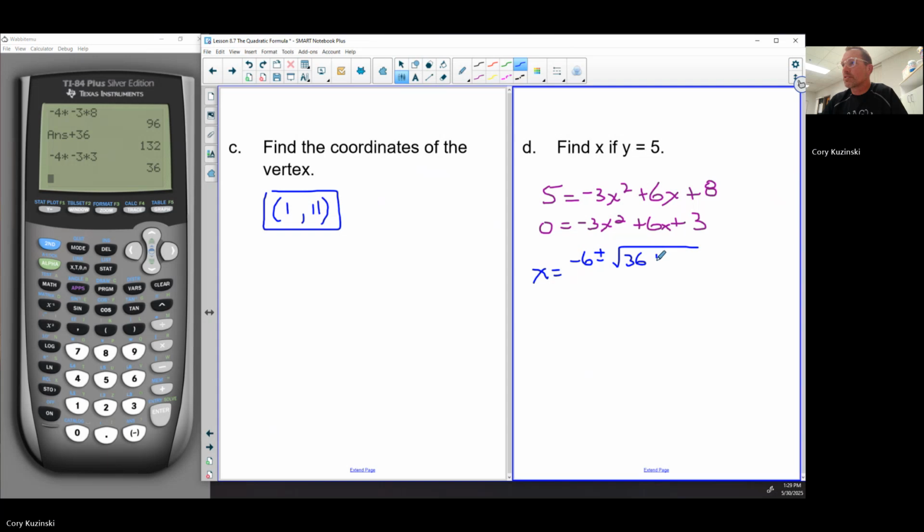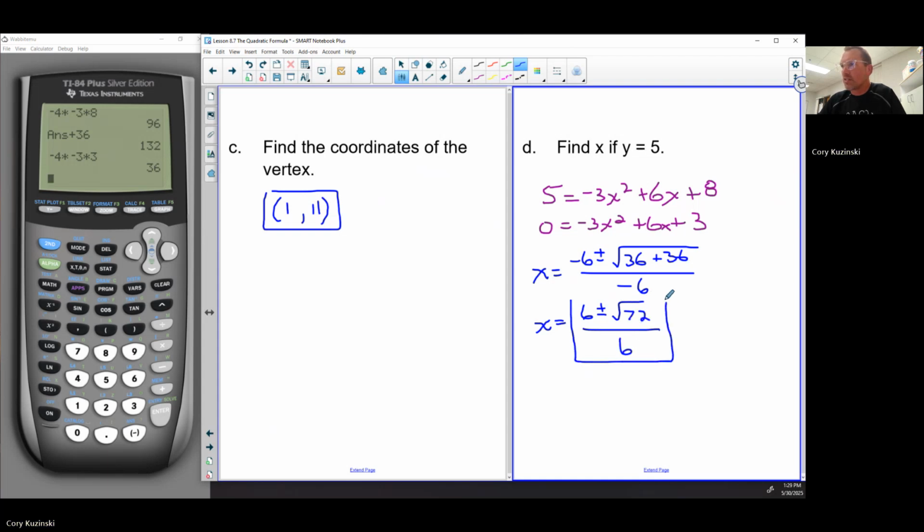Yeah, I did. Plus 36 all over 2 times a. 2 times -3 is -6. Again, those negatives cancel each other out. You can't cancel out the 6's because that's addition right there. So let's go 6 plus or minus the square root of 72 over 6.